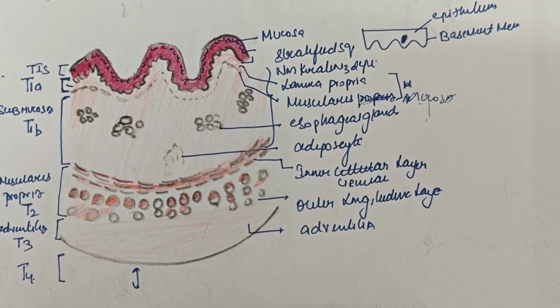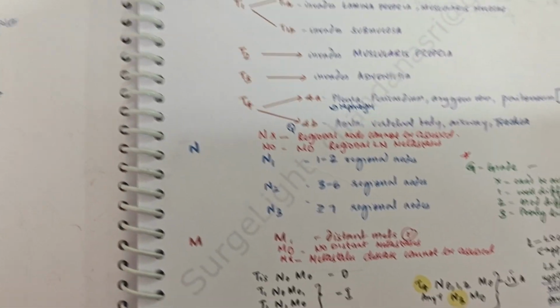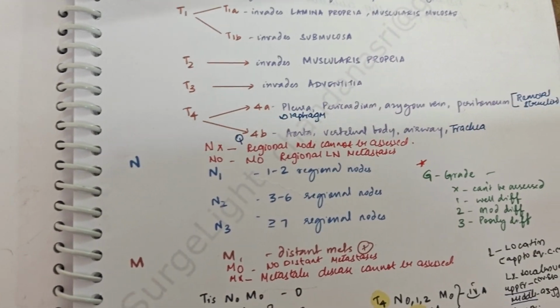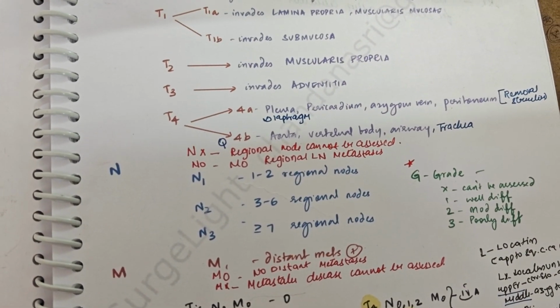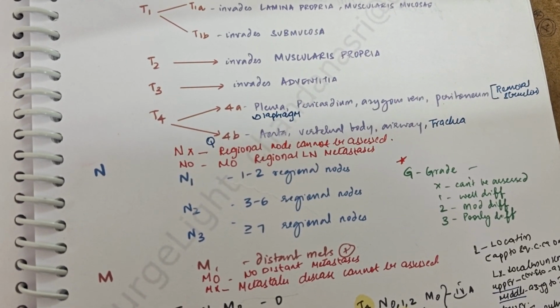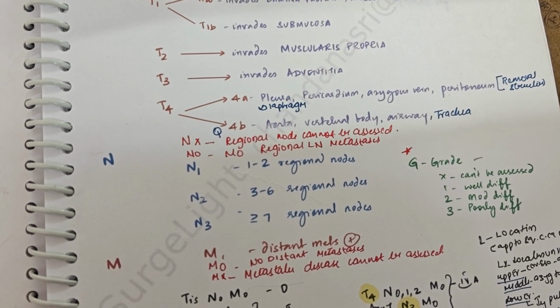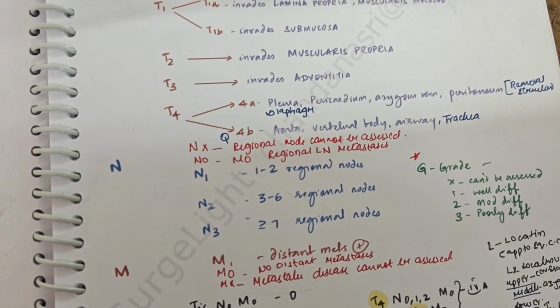Now, what is T4a? T4a is spread to removable structures like pleura, pericardium, azygos vein, peritoneum, and diaphragm, which can be removed. And what is T4b, which cannot be removed? Structures like the aorta, vertebral bodies, and airways like the trachea, which you cannot remove.